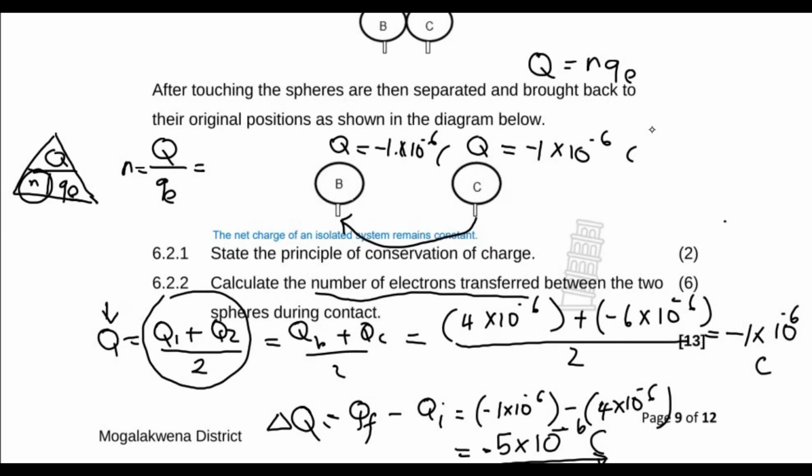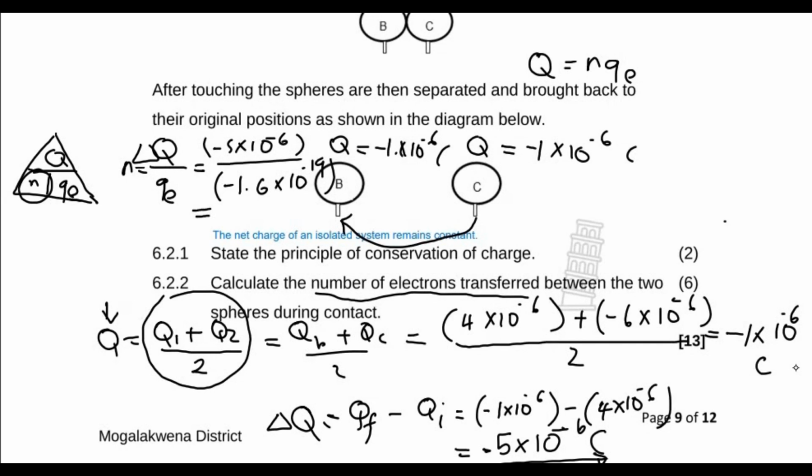For us, Q is actually just going to be the change in Q, because we are interested in the electrons that are transferred. That change in Q is minus 5 multiplied by 10 raised to the power of minus 6, divided by the charge on one electron. It's a constant, 1.6 multiplied by 10 raised to the power of minus 19.